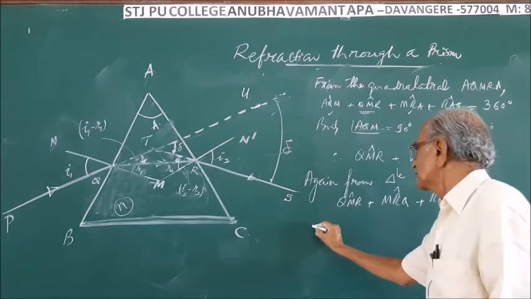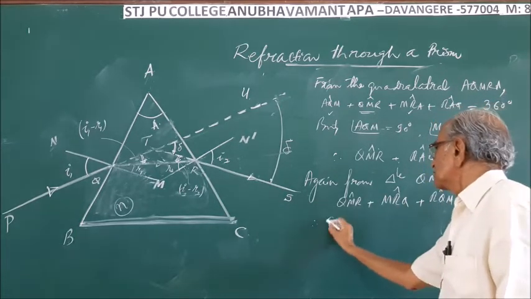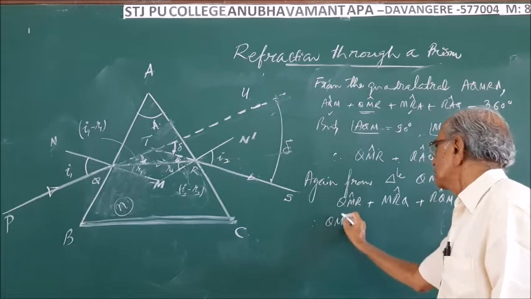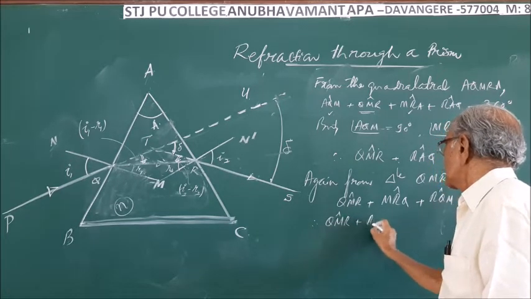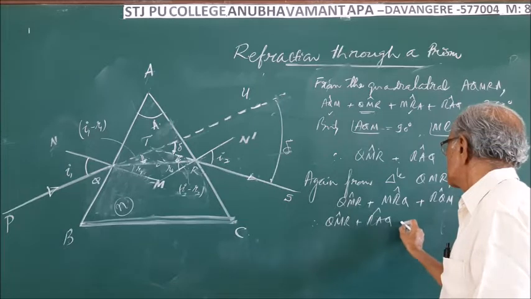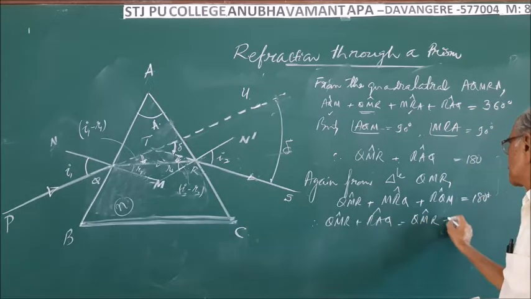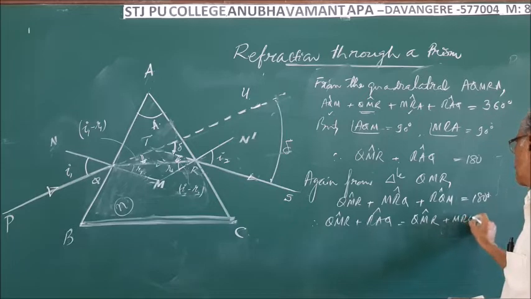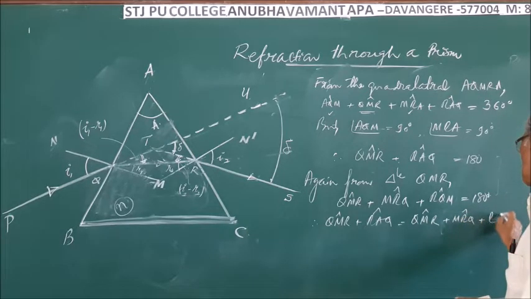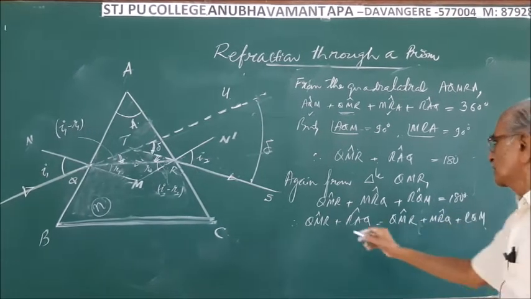Therefore, angle QMR plus angle RAQ is equal to QMR plus MRQ plus RQM. QMR is common.